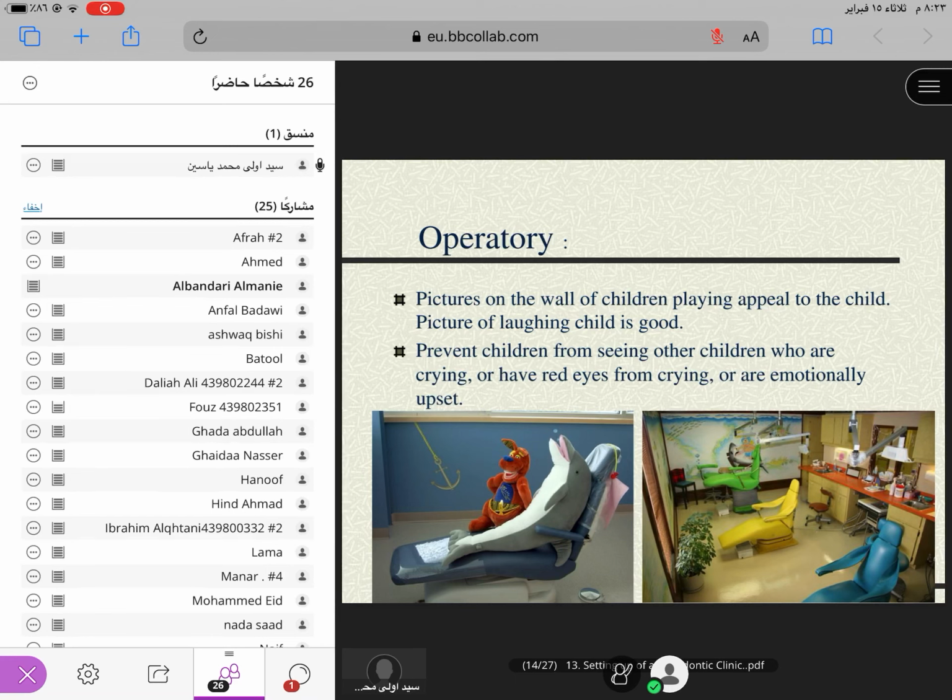Apart from that, the walls in the operatory area, as you see here, if you have a good painting or a picture that the child likes, generally they like cartoons or an animal or a dolphin painted on the walls of the clinic, it makes the child more relaxed. A picture of a laughing child is also very good, so that it sends a positive message to the child.